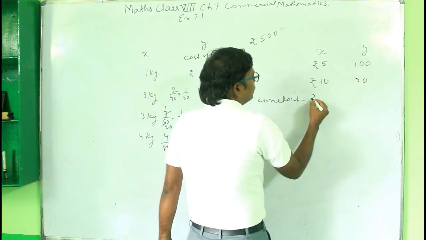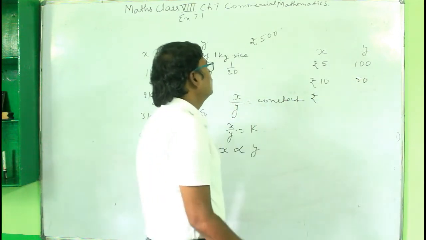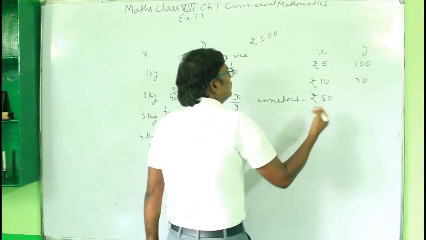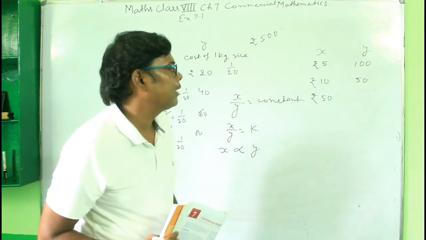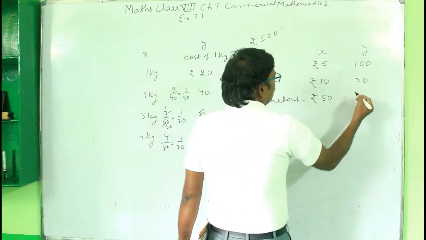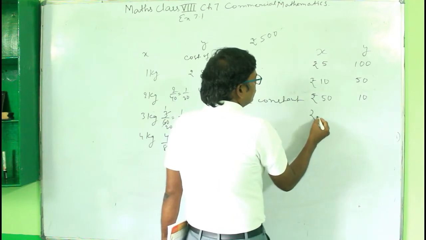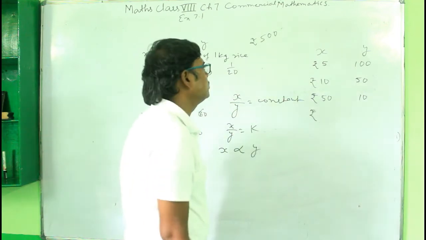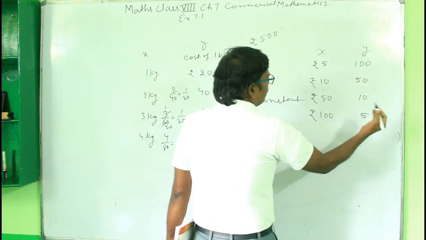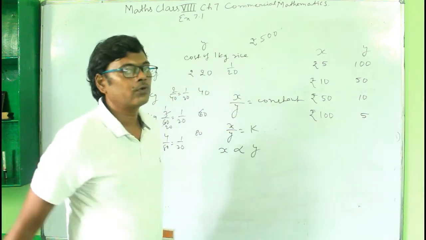Suppose the cost of one pencil is rupees 50, then you can buy only 10 pencils with 500 rupees. And if the cost of one pencil is rupees 100, then you can buy only 5 pencils. So what do you see from this example?